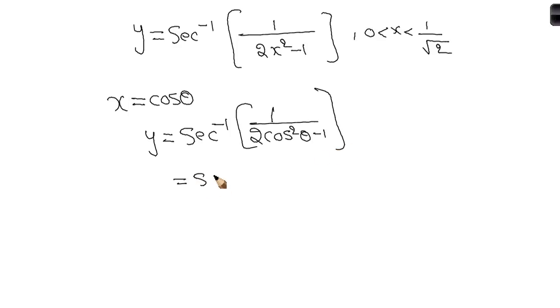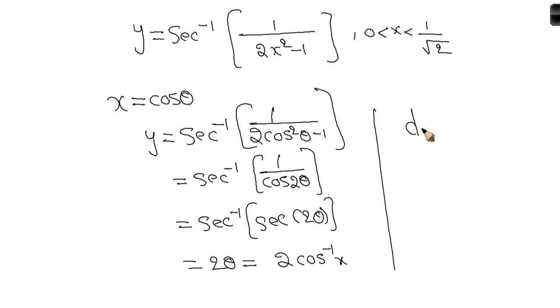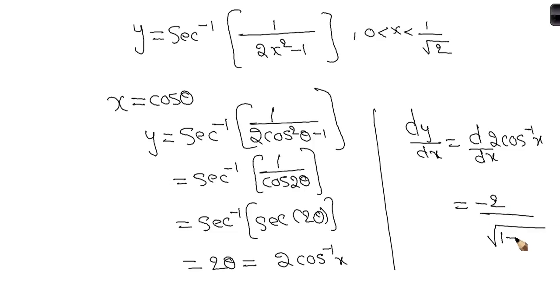That is equivalent to secant inverse of 1 by cos 2 theta, which is secant inverse of secant 2 theta. That would be 2 theta, which is equal to 2 cos inverse of x. So dy by dx would be the derivative of 2 cos inverse of x, which would be minus 2 upon root of 1 minus x square.